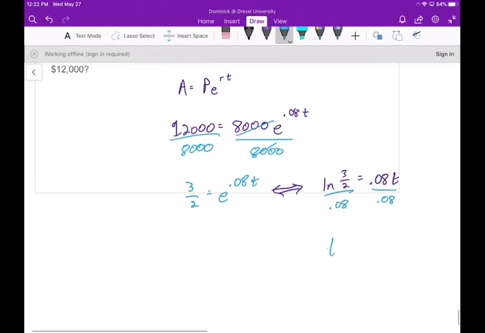And we're going to get that t is equal to whatever ln of 3 over 2 divided by 0.08 is. And if we do that, we get that t is 5.067. So it's going to take a little bit more than 5 years for this investment to grow from $8,000 to $12,000.